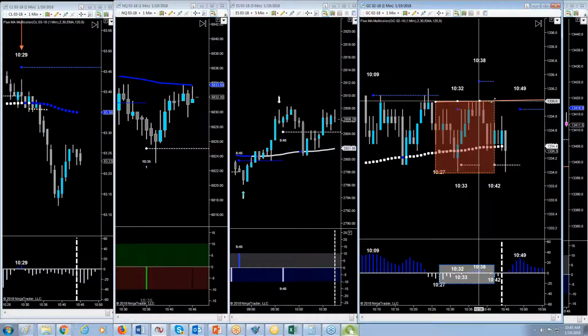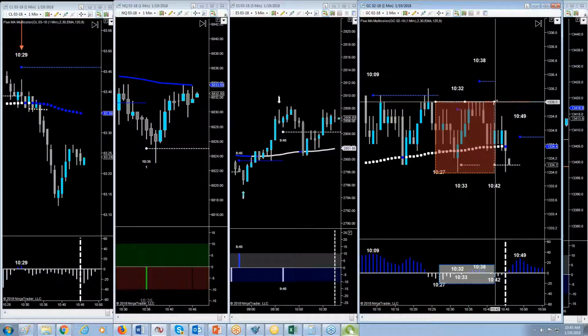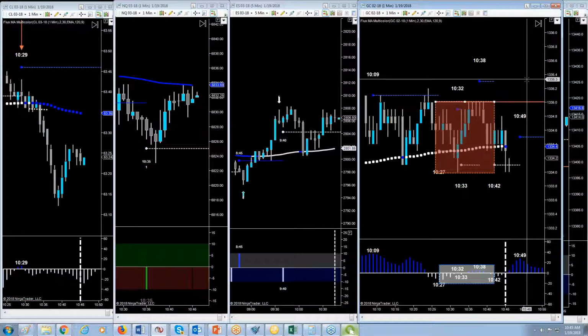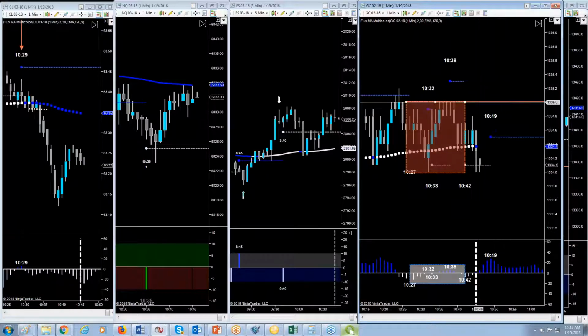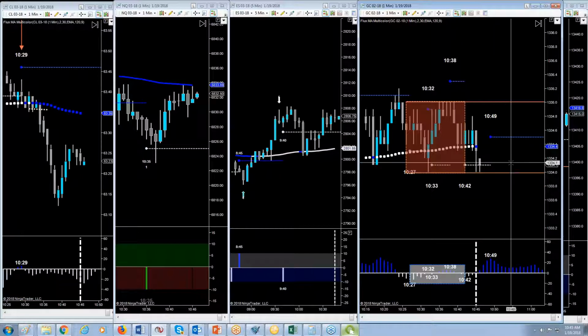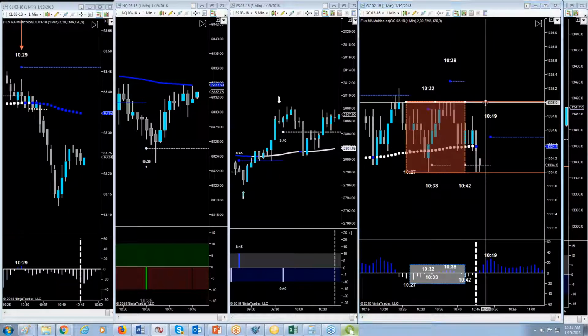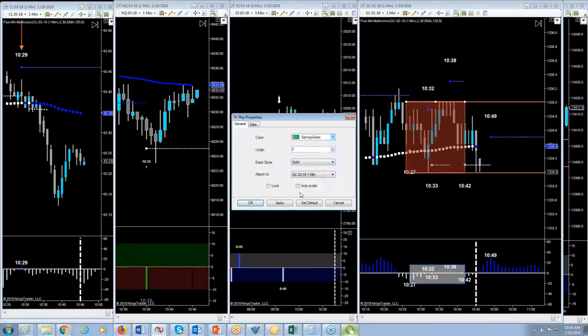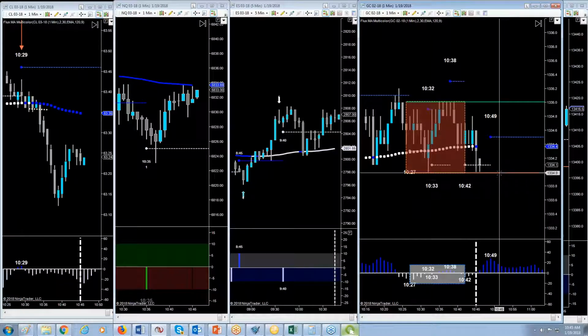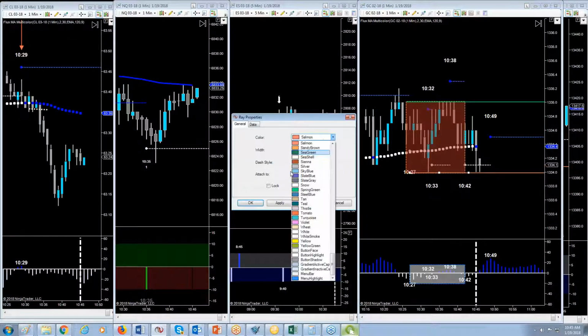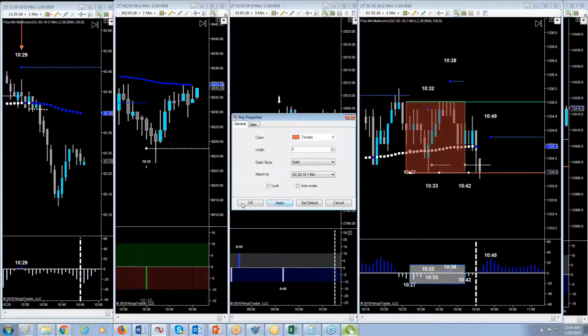We're watching to see which side the banks emerge from. Will it be from above or will it be below? Okay, so if it's above, we're watching for buying pressure. If it's below, we're watching for selling pressure, right?